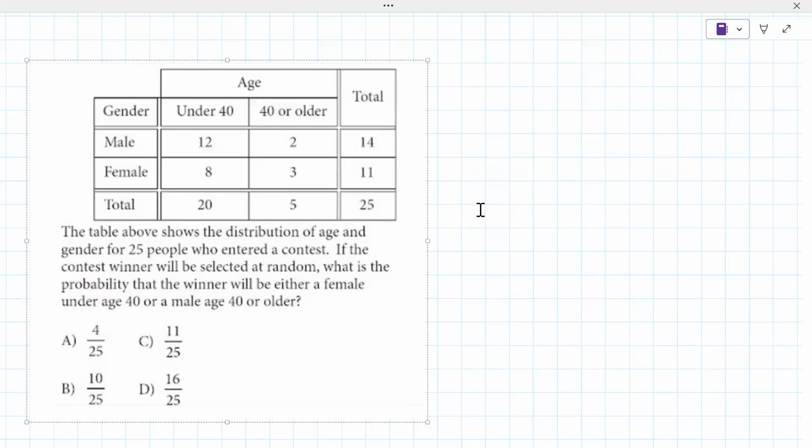The table above shows the distribution of age and gender for 25 people who enter a contest. If the contest winner will be selected at random, what is the probability that the winner will be either a female under age 40 or male age 40 or older? Okay, all right.